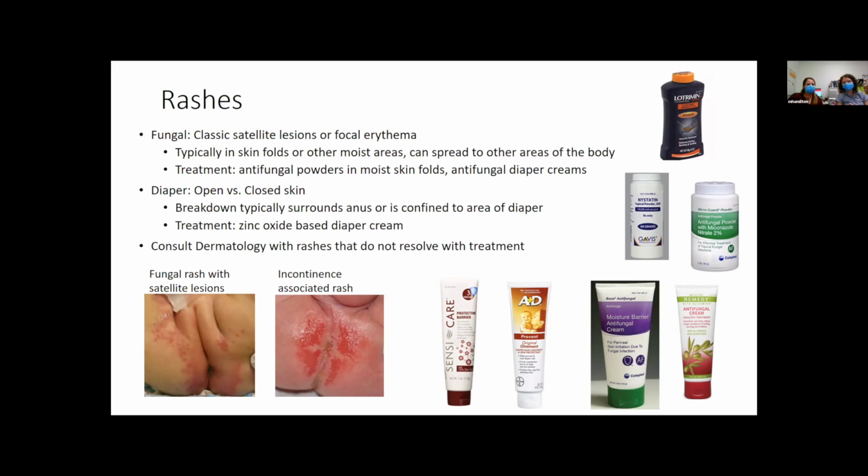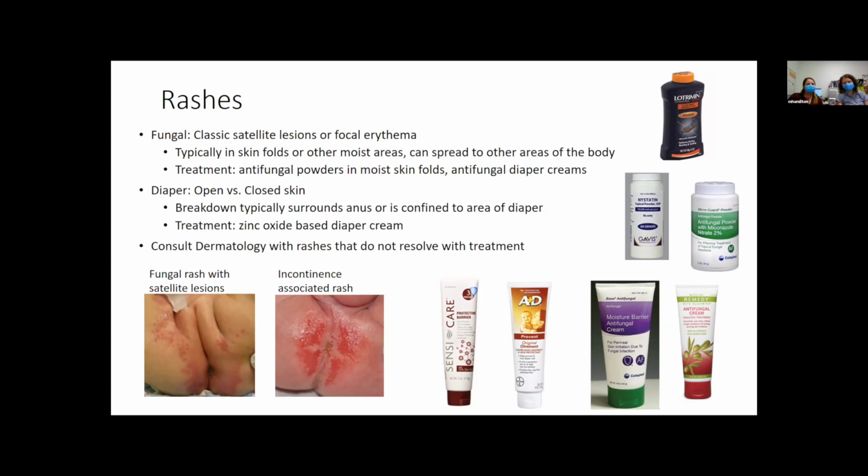Those satellite lesions are just very classic fungal rash characteristic, and often those rashes are associated with a lot of itching. So if you have a patient with that sort of an experience, you really want an antifungal treatment. Anything over the counter can help, but then there's also a variety of prescription options. We tend to favor antifungal powders over creams because we want to keep the area dry.